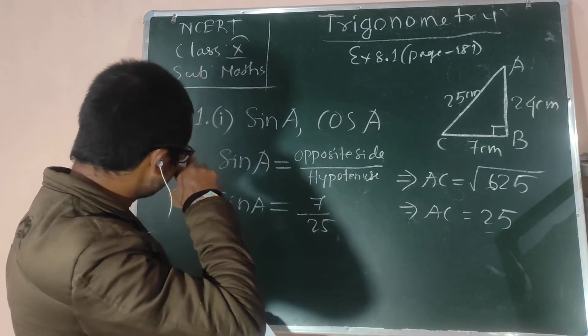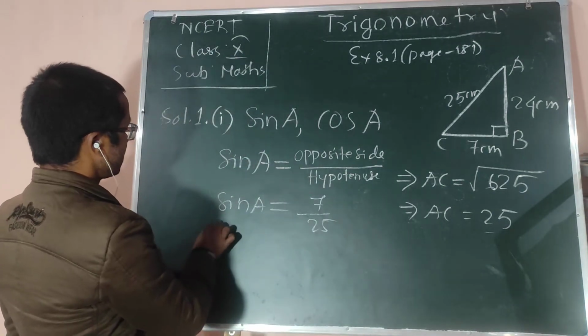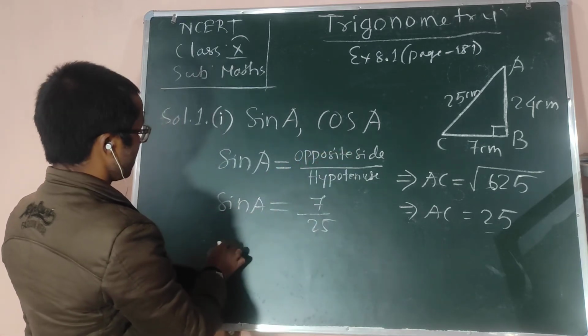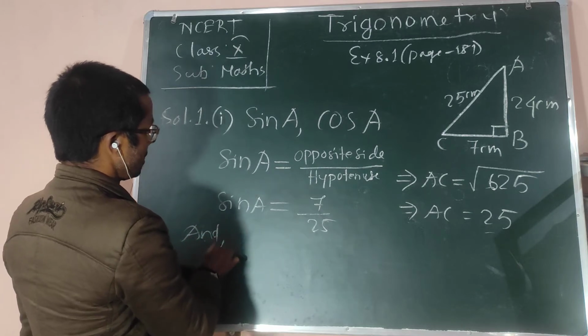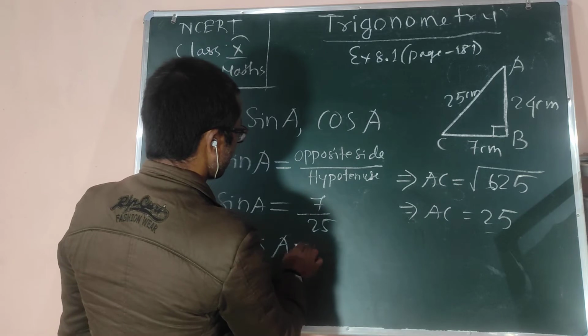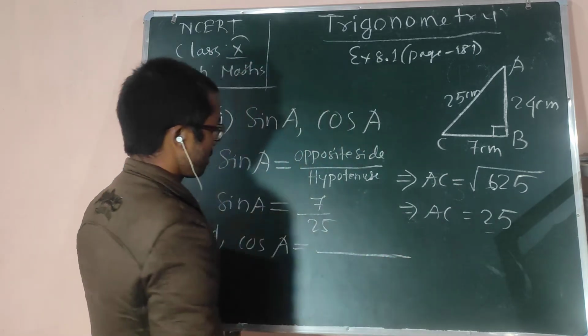Alright. Same way, the second part of number 1, cos A. For cos A, first we have to write the ratio that we have learned earlier. What is the ratio?